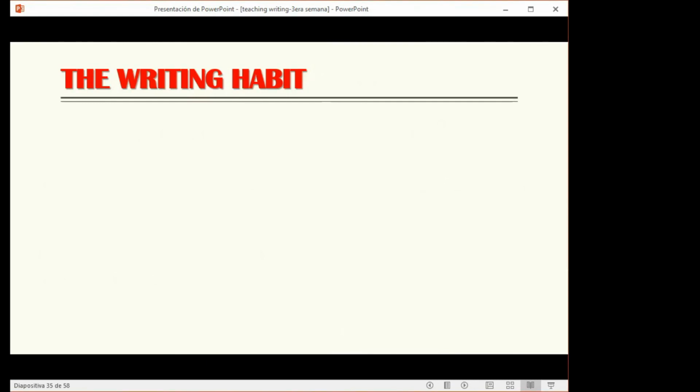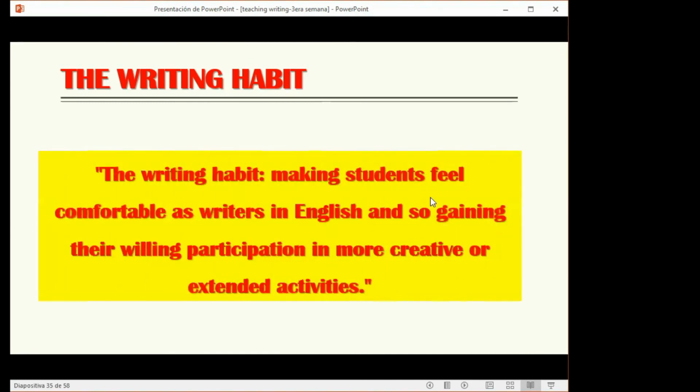How do we make our students write? Because nowadays our students don't like writing. They like writing when they send messages or chats, no more. But sometimes they find some information, copy, paste it, and that's it. They don't write. So we need to create in our students a writing habit.